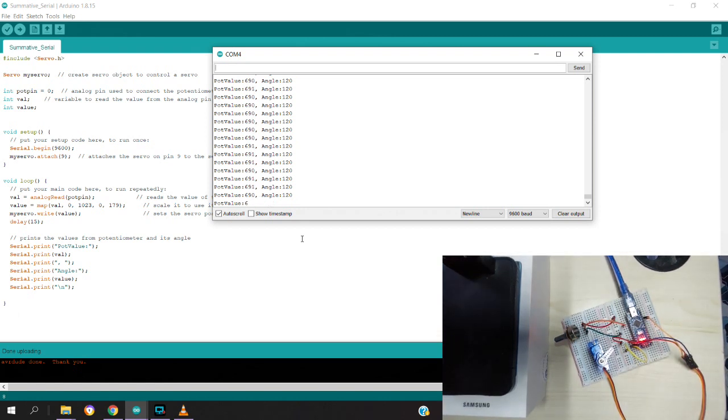By adding again an increment of 20, we can see at an angle of 140 degrees, the servo motor is positioned also at 140 degrees, and the potentiometer value is around 802 to 804 bits.